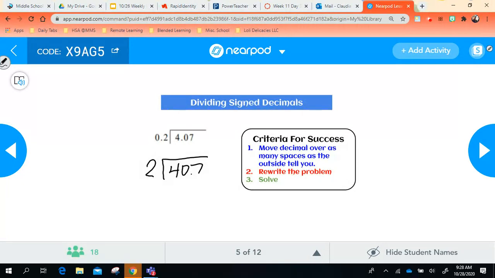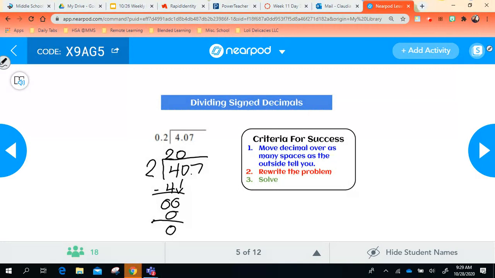So what is 4 divided by 2? 2. So I'm going to go ahead and write the 2 above the 4. 2 times 2 is 4. Subtract. Bring down my 0. What is 0 divided by 2? 0. So I'm just going to put 0. 0 times 2 is 0.